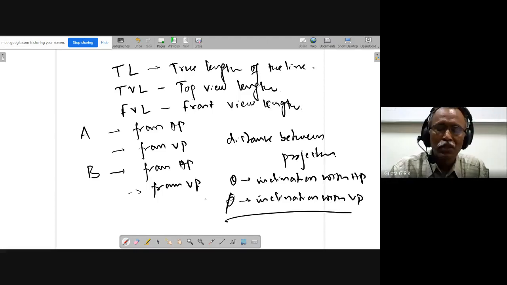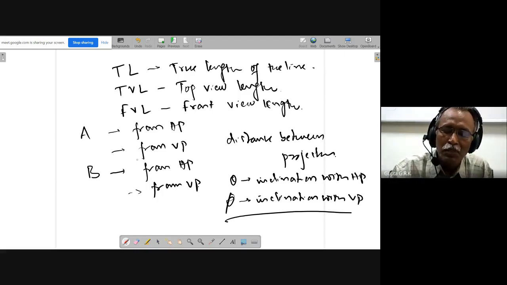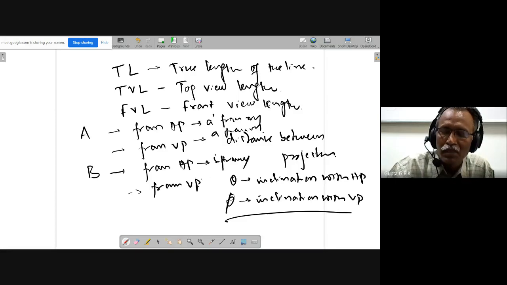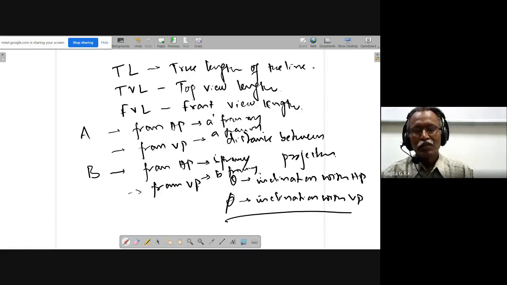A from HP and B from VP means A dash from XY and A from XY, and this is B dash from XY or B from XY. So these are different notations we use throughout the chapter and also later.